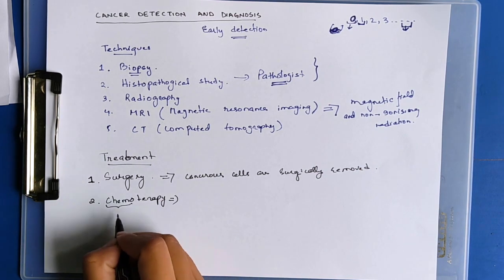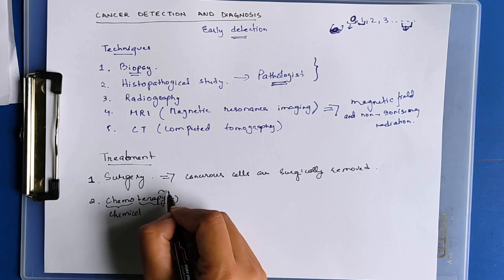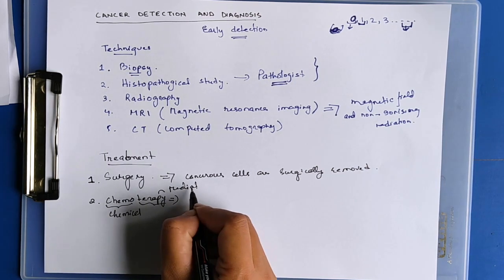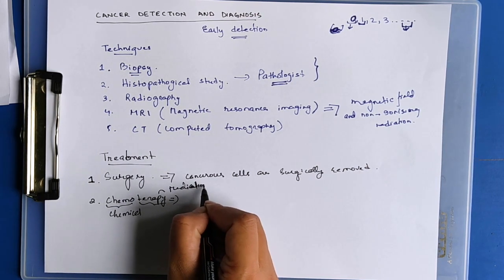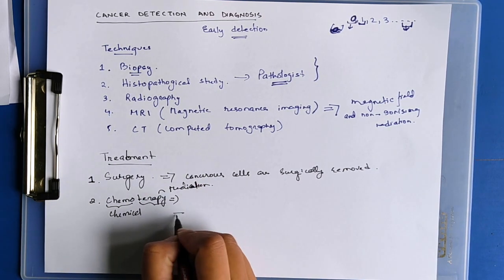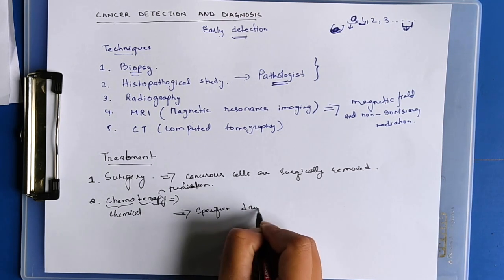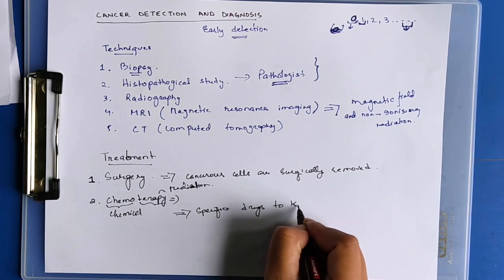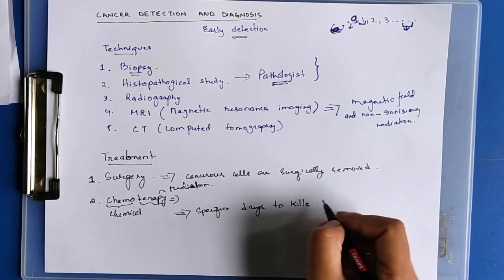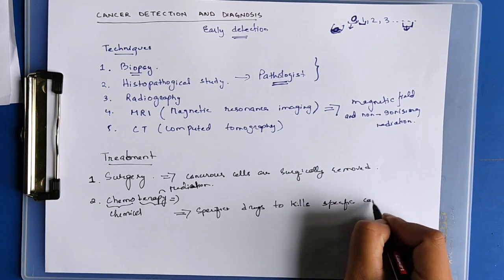Chemo means chemicals, and therapy means medications. It is medication using chemical substances. Specific drugs or specific chemicals are used to kill the specific cancerous cells.